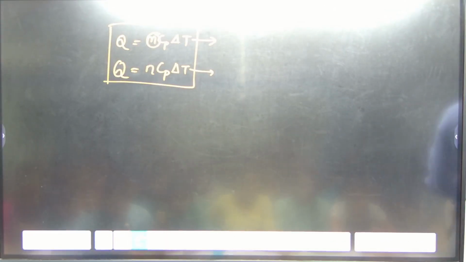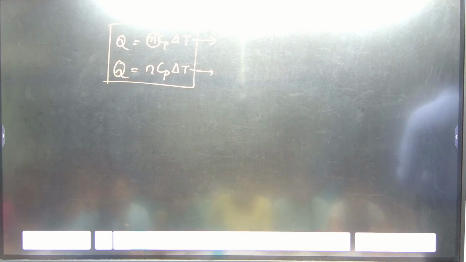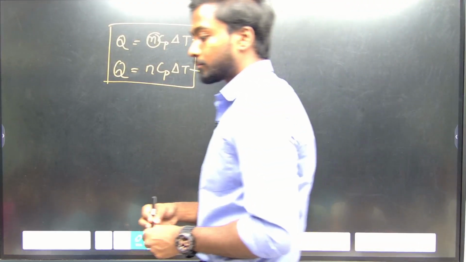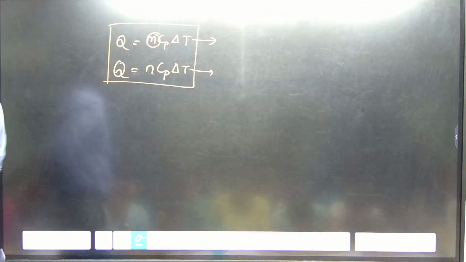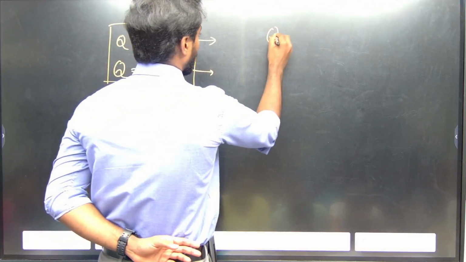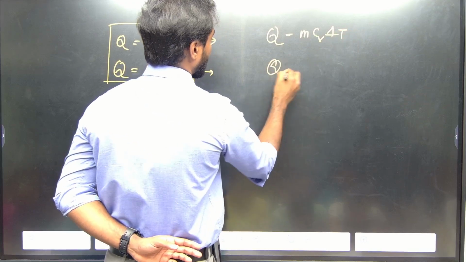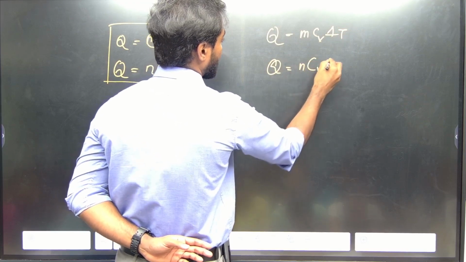Next, if heat is supplied at constant volume, Q will be equal to mCv delta T and Q will be equal to nCv delta T.